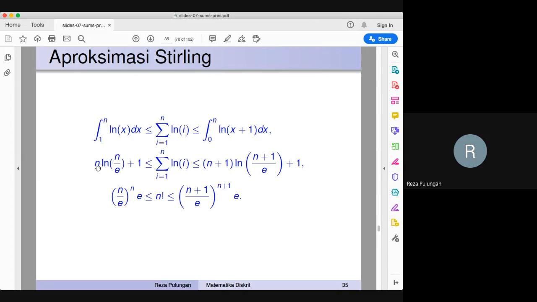This is because e to the power of n, this becomes the power plus 1 multiplied by e. What about this one? This is n plus 1 divided by e to the power of n plus 1 multiplied by e. So you see, we now have an approximation of factorials.